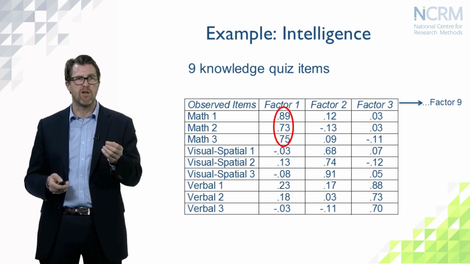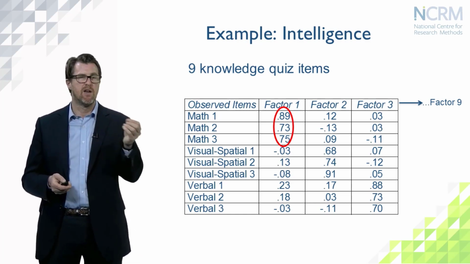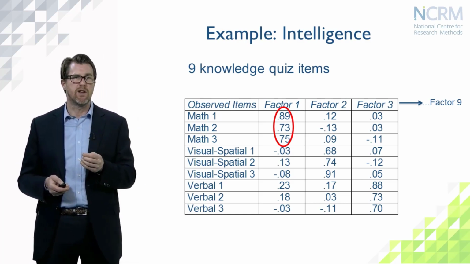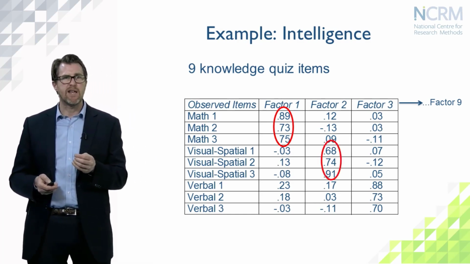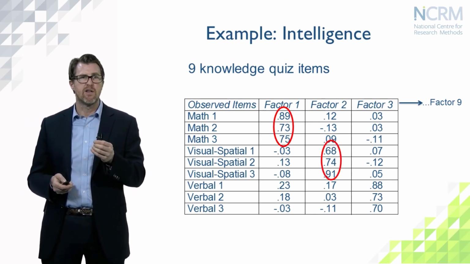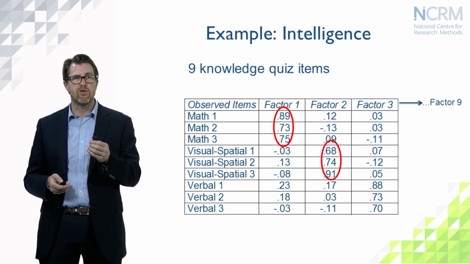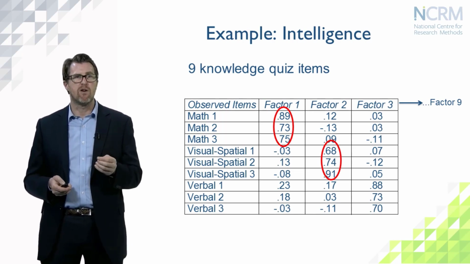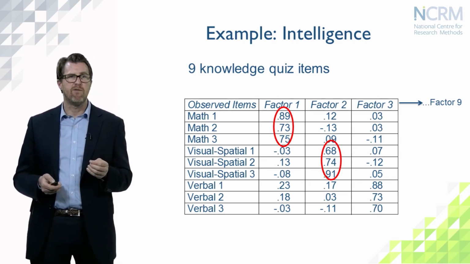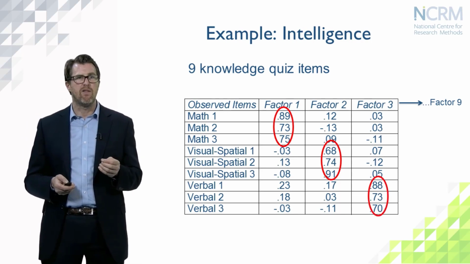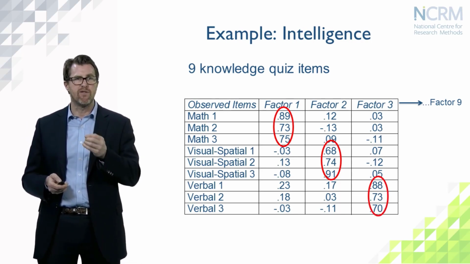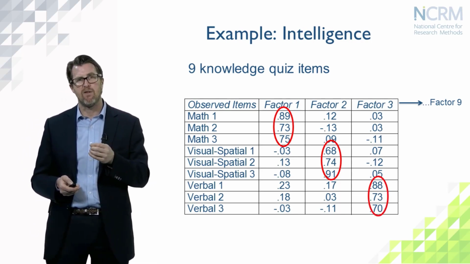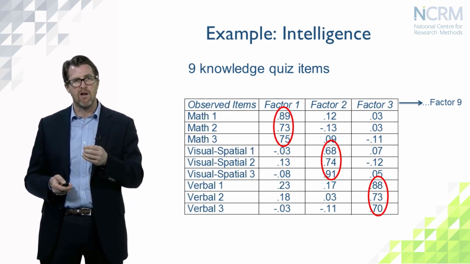There's a high correlation between your score on the factor and your score on the item. For factor 2, there are high loadings on the visual spatial items and low loadings on the other items. And for factor 3, we see this other pattern where it's the verbal items that have a high score and low scores on the other.